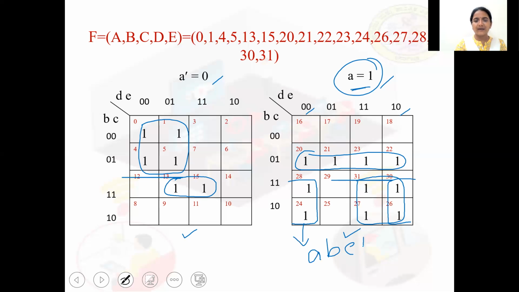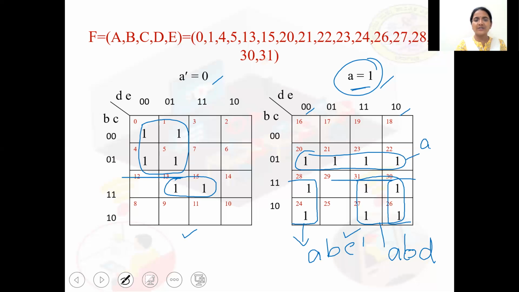A, B, E bar. Now for this we are having A, B, and then D. Okay, D.